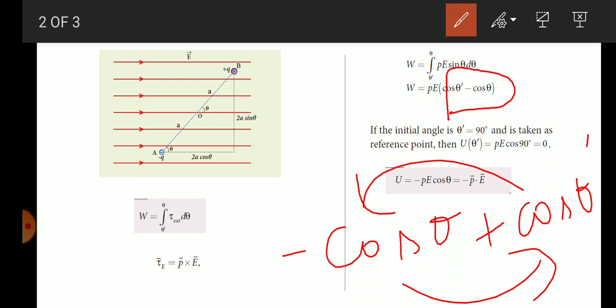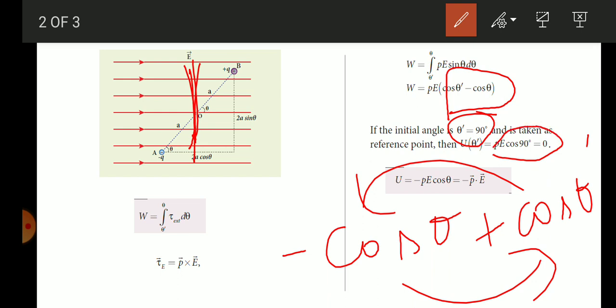If the initial angle is, let's say the dipole is placed exactly perpendicular to the uniform electric field, then theta becomes 90 degrees. Then cos 90 degrees is equal to 0. Then the potential energy when a dipole is placed perpendicular to the uniform electric field will be 0.